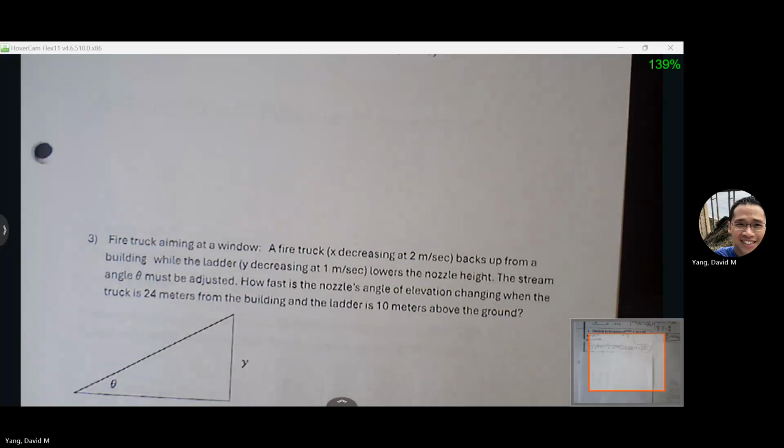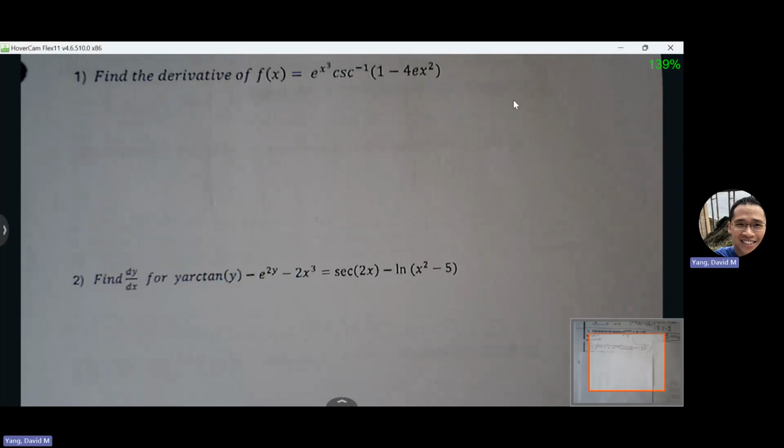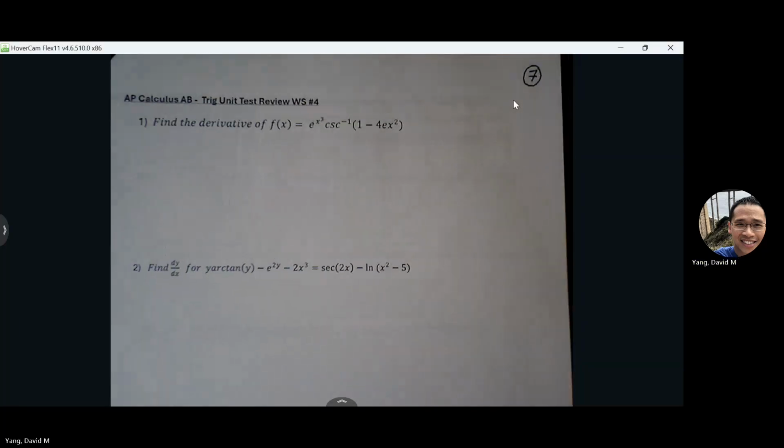All right, next page. On Monday, I'm just checking pages 5 and 6. So we're just getting ahead with our work from Monday.